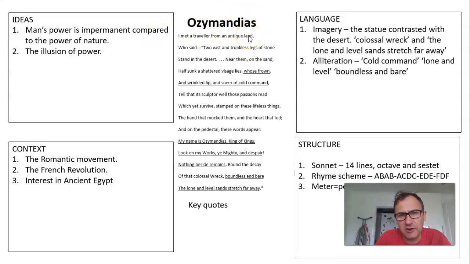So if you just change the numbers to letters, on line A we have the word land, and then that also rhymes with sand. So they're both A rhymes, and then on line 2 we have stone, which definitely rhymes with frown, so those are the B lines, they rhyme with each other.